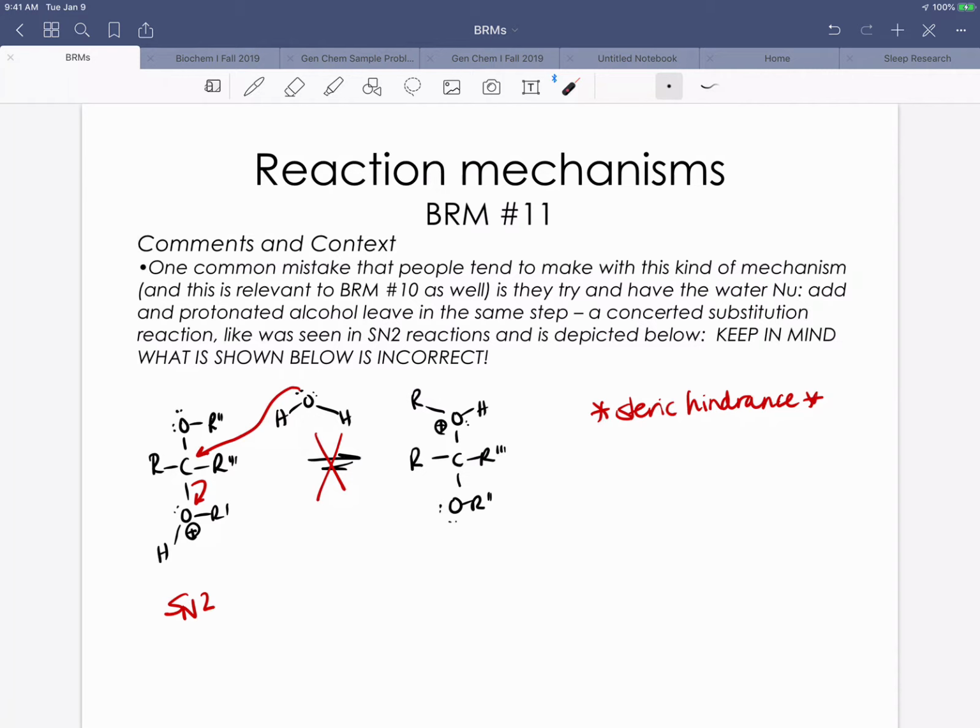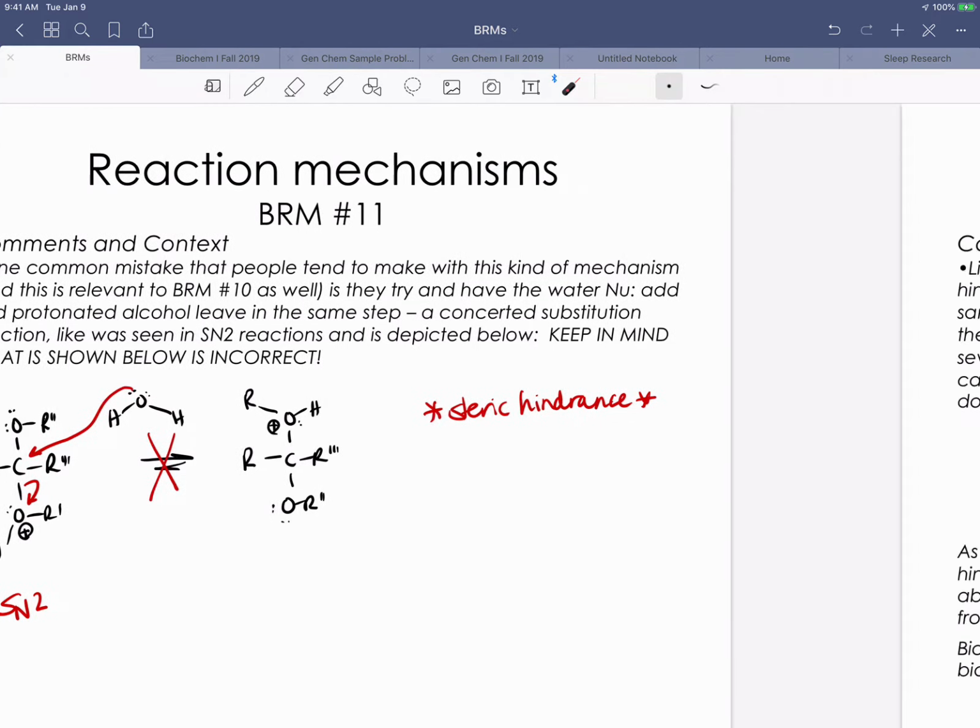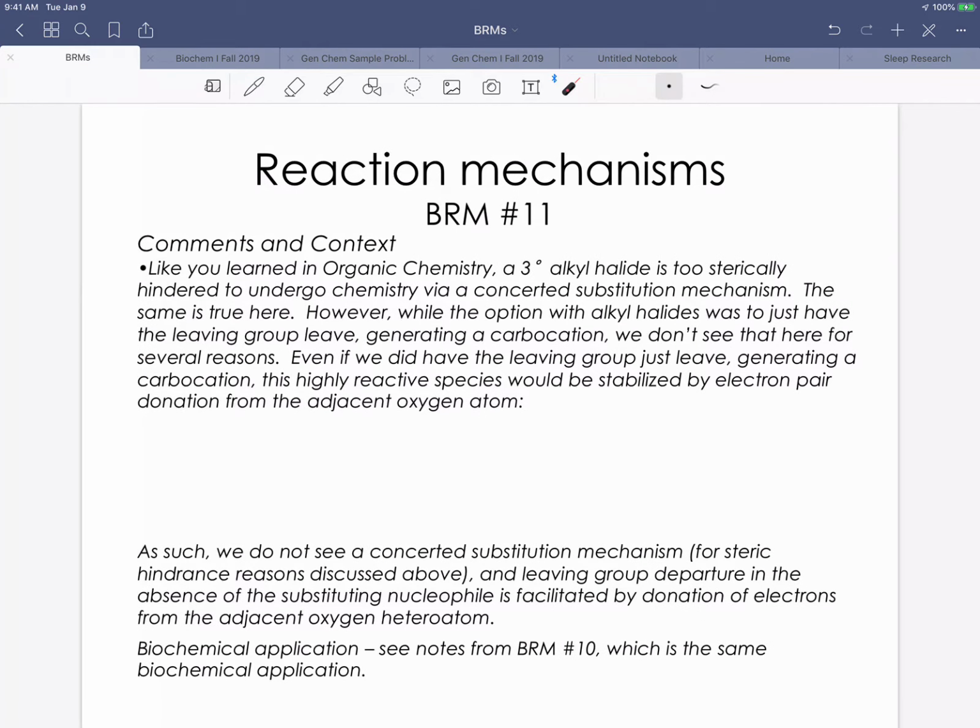In this case, the chemistry that students want to draw is actually inhibited by the steric hindrance around this carbon atom. So in organic chemistry, you learn that if something can't happen via an SN2 mechanism because of steric hindrance, they want to draw an SN1-like mechanism. Maybe in organic chemistry you had a tertiary alkyl halide that would be too sterically hindered to undergo an SN2 type, concerted substitution mechanism.